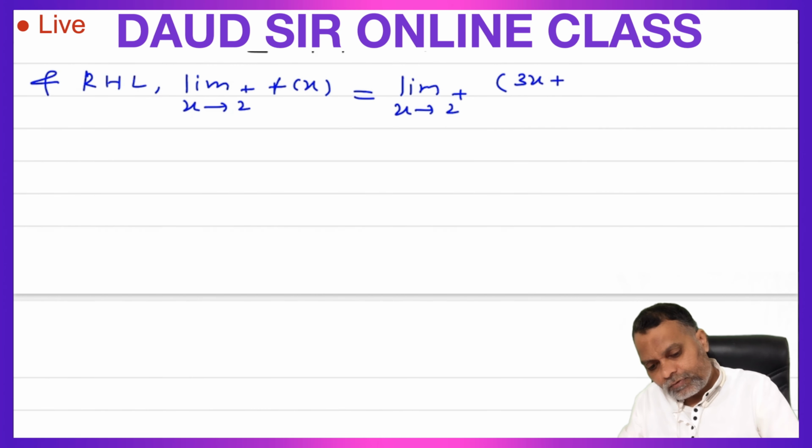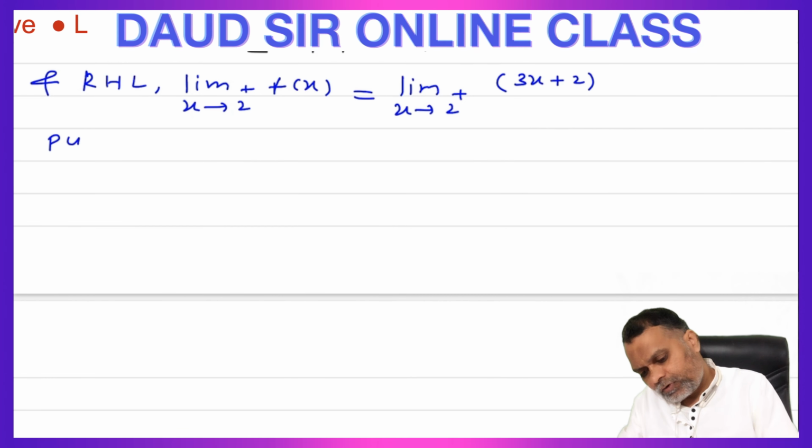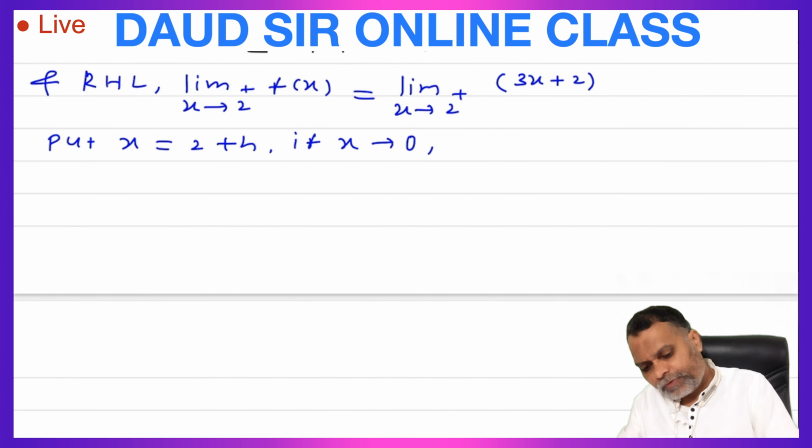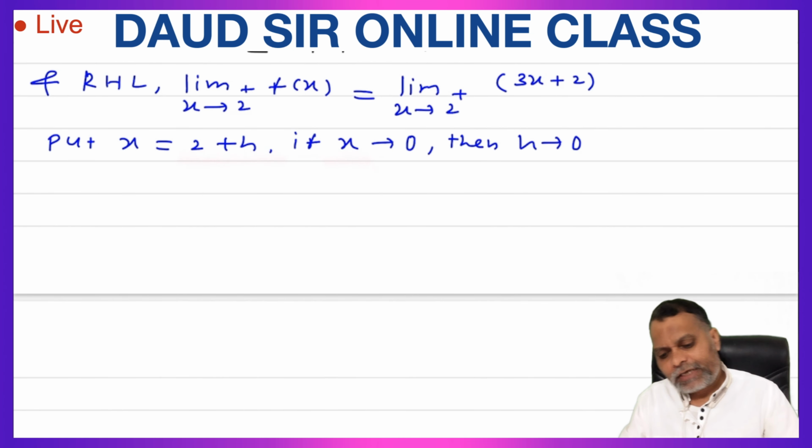Put x is equal to 2 plus h. If x tends to 2, then h tends to 0. How? This 2 plus h, put here 2 plus h.